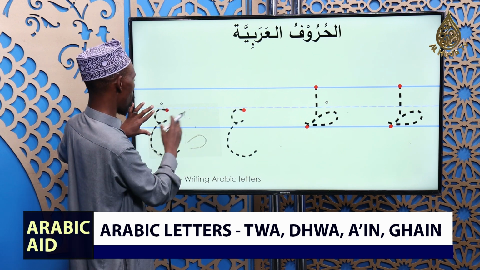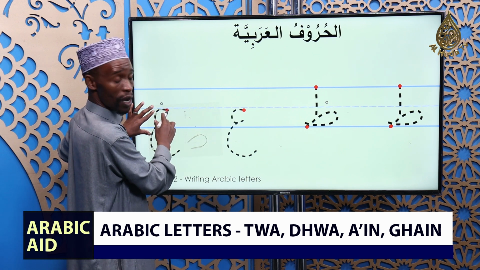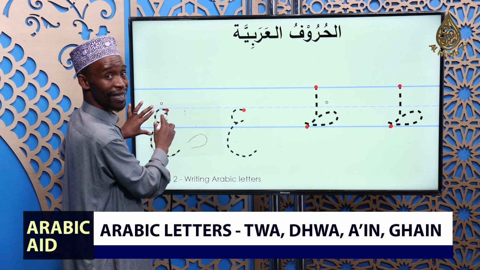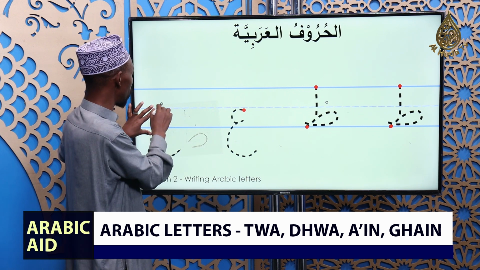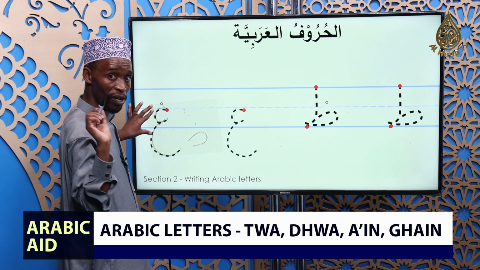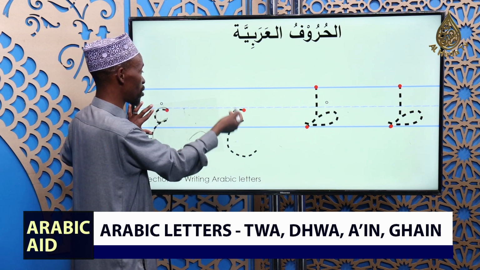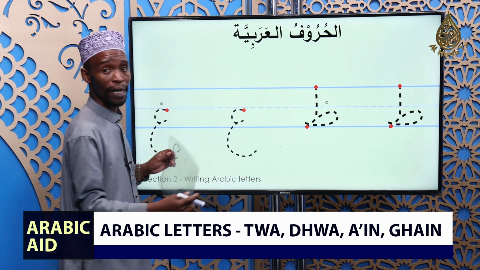Remember, after doing that, you'll have completed writing letter Ghain. As usual, don't forget to write a dot on top of letter Ghain in order to differentiate it from letter Ain.